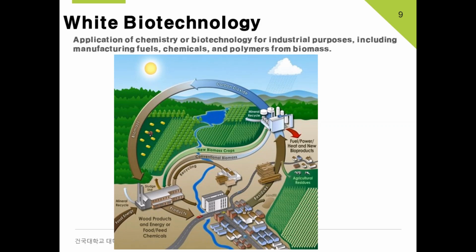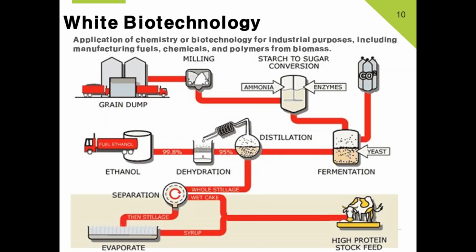Now the enzymes here are the purified form from bacteria. They are usually enzymes for starch to sugar conversion. Or if the biomass is lignocellulose, they will be enzymes that are involved in breaking down lignin and the cellulose components of lignocellulose, so cellulase type of enzymes.